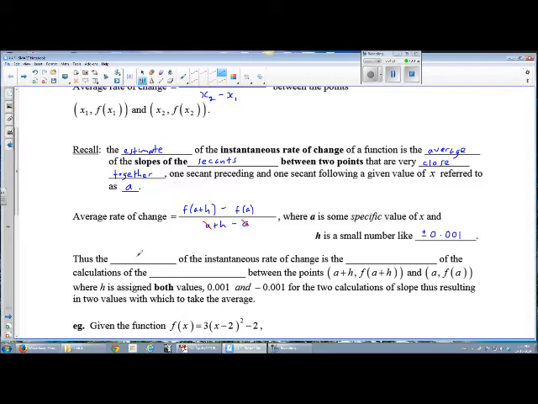Thus, the estimate, we know that it's always the estimate for now until we get into calculus.